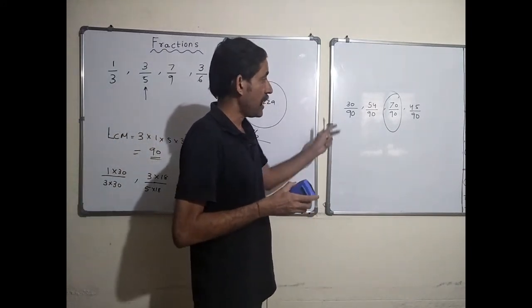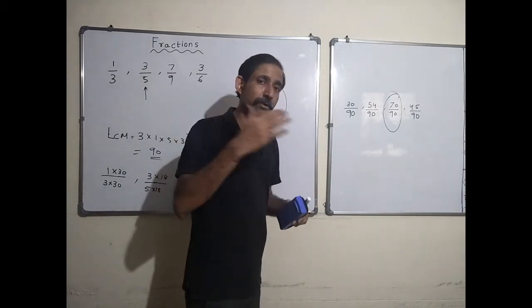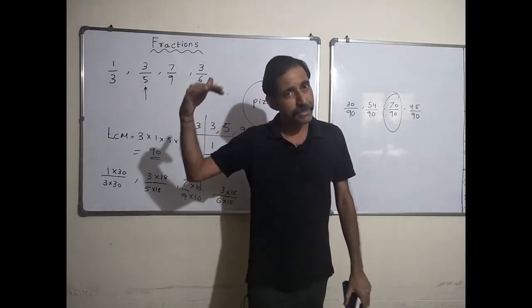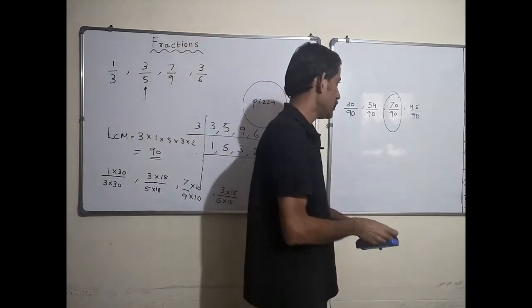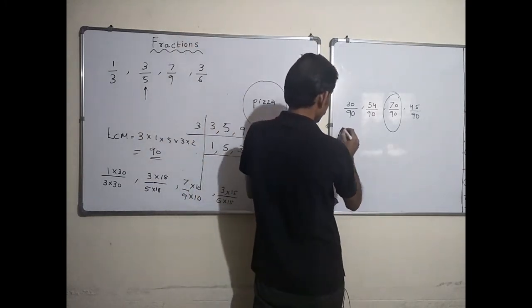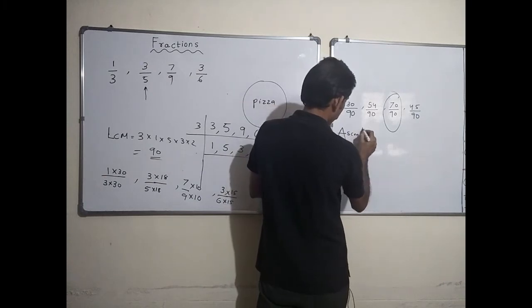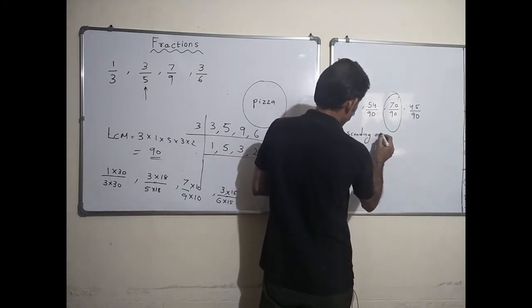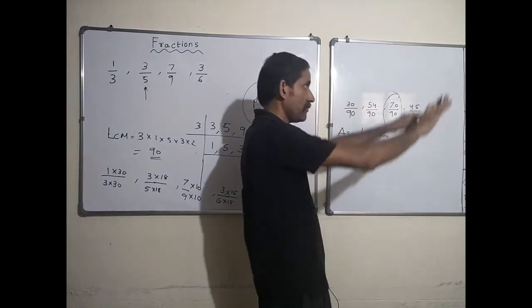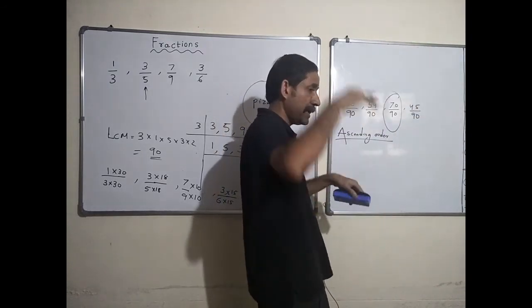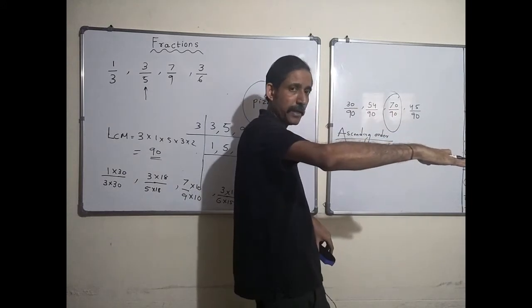Similarly, they may ask you to arrange in ascending or descending order. Ascending is smaller to bigger, descending is bigger to smaller. Always remember, the plane descended onto the airport.